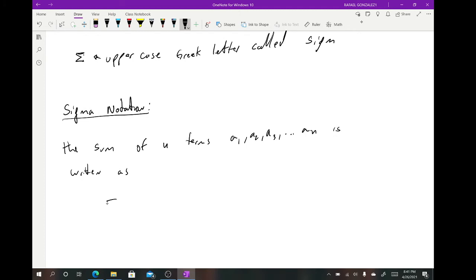Whenever you see the sigma notation, you immediately think of a sum. So it's written as the sum from i equals 1 to n of ai, which is equal to a1 plus a2 plus a3 plus all the way up to an.